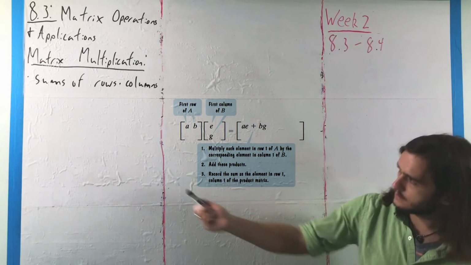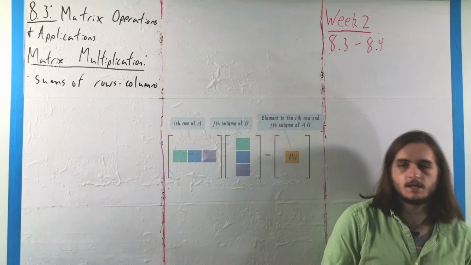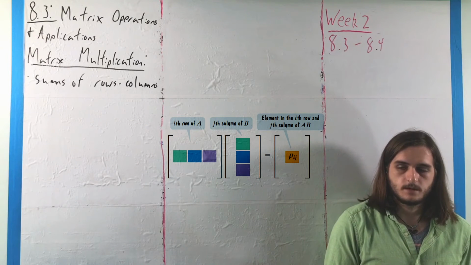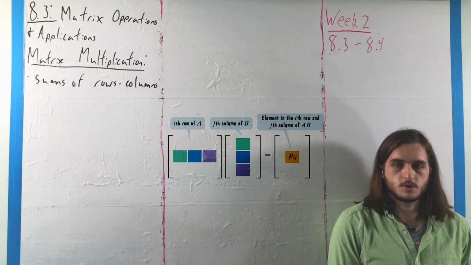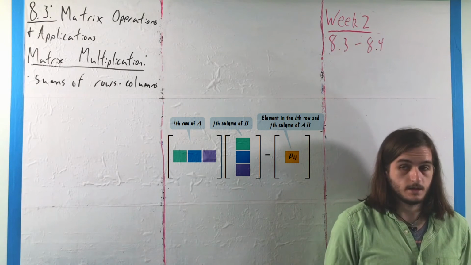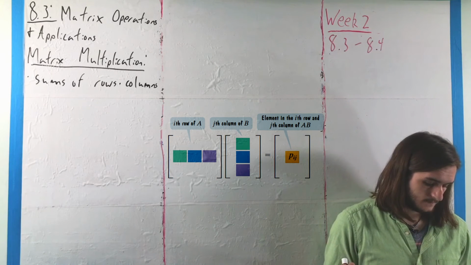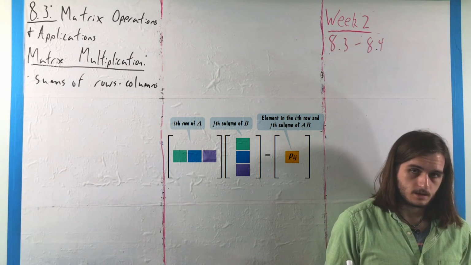So we're combining rows by columns, where the cell in the product, the IJ spot, is going to come from row I in the first term and column J in the second term.